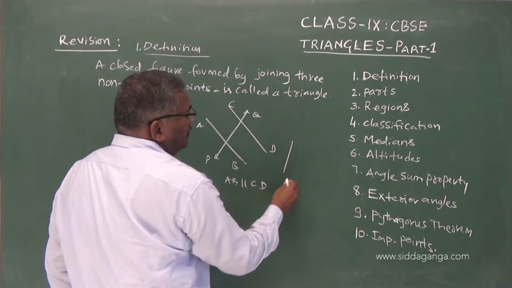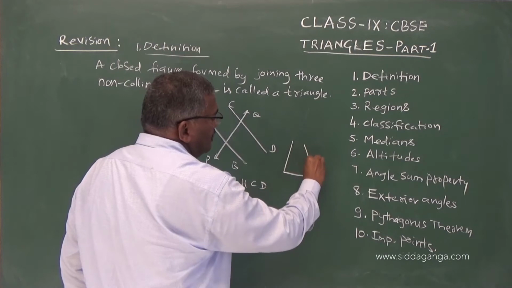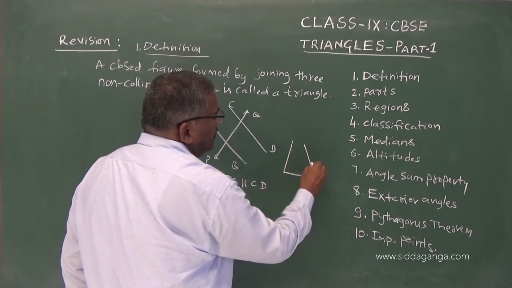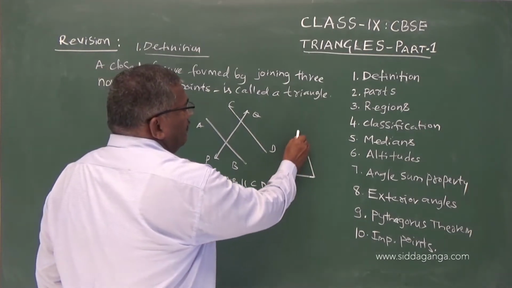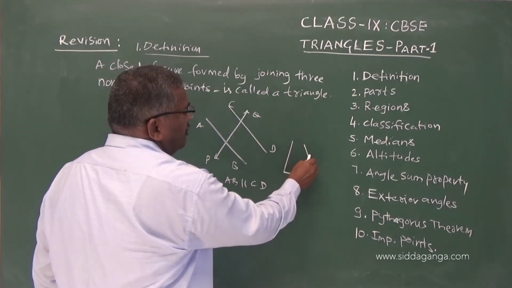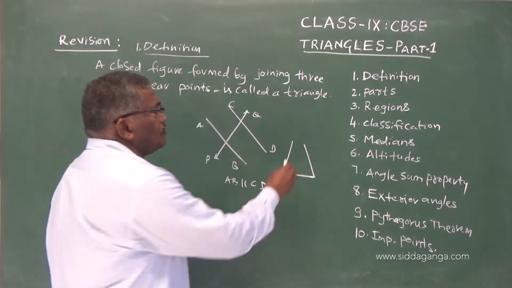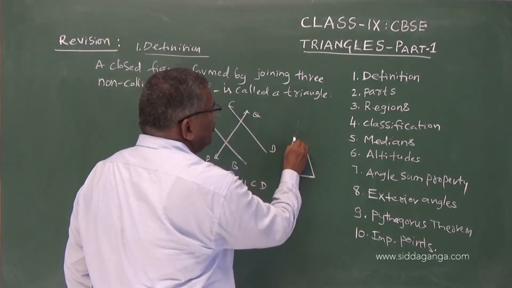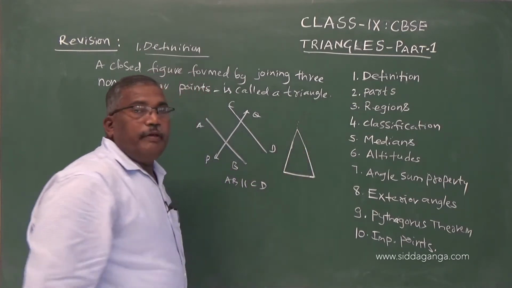Suppose this is one line, this is another line, and this is a third line. This is not a closed figure because it is not closed. Three lines are there, but it is not a closed figure. Of course, if you extend this, and if you extend this, then a triangle will be formed.